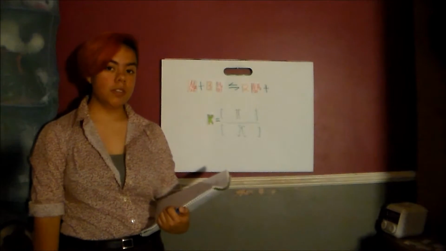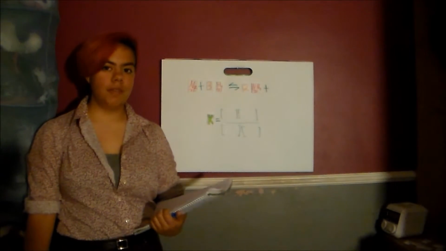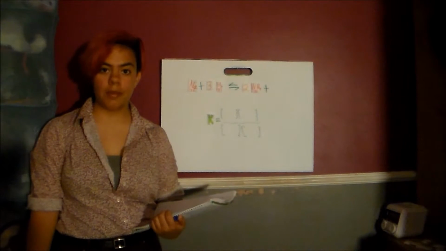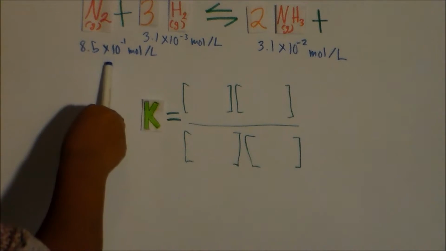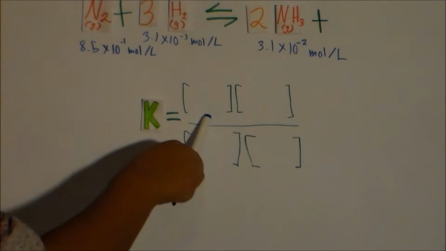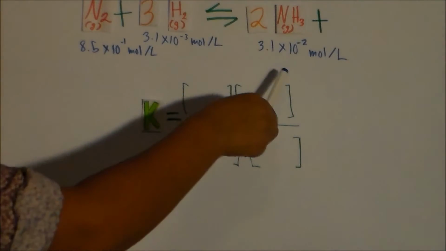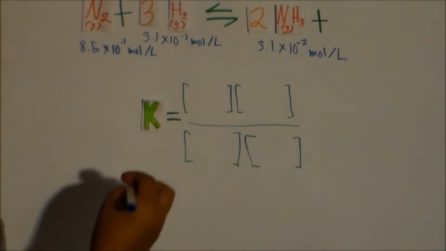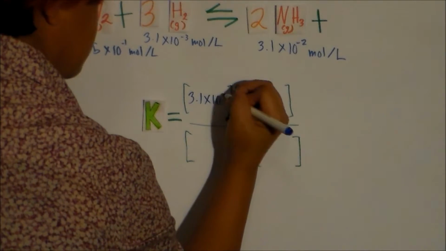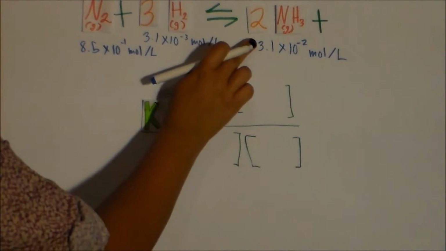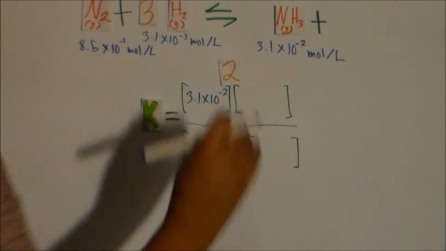Now with everything we've learned so far, let's try to put it all together to find an actual K value when given concentrations for the compounds. With these given concentrations, we can plug numbers into this equation and find an actual number for K. It's still products over reactants, so we only have one product, so it's going to be 3.1 times 10 to the negative 2 raised to the second power, like so.